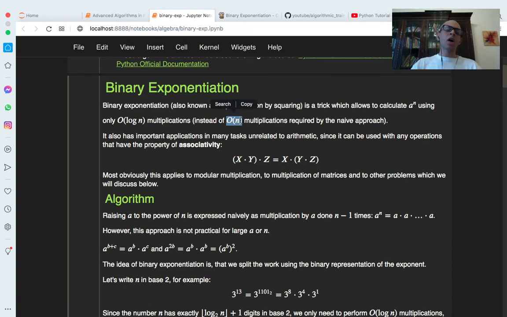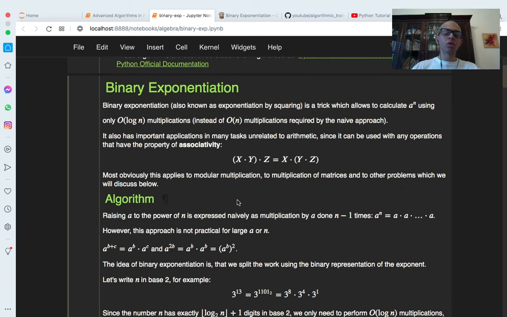In this kind of advanced Python or advanced algorithms, it's better for you to have some previous knowledge of what O of n is and what those concepts are. If you know them, that's totally fine. If you don't, you can keep up, and I will try to explain them, or you can ask.